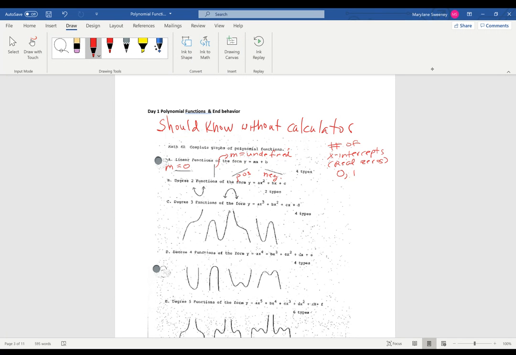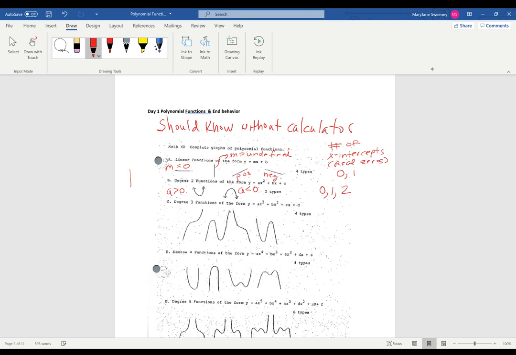With parabolas, that's our x squareds, our degree 2s. This is a greater than 0. This is a less than 0, right? So if a is positive, essentially, my ends are up. If a is negative, my ends of the graph are pointing down. And a parabola can have 0, 1, or 2 x-intercepts.